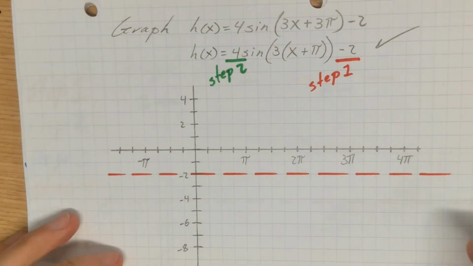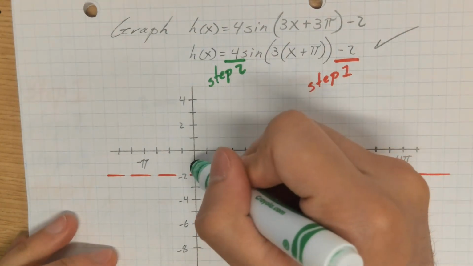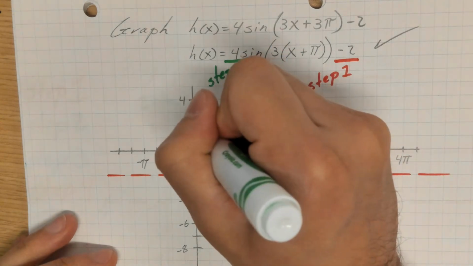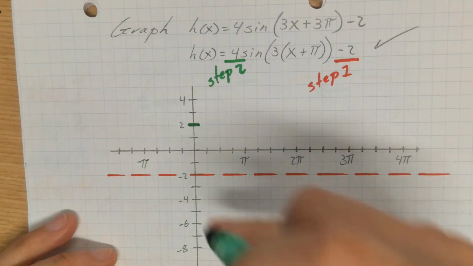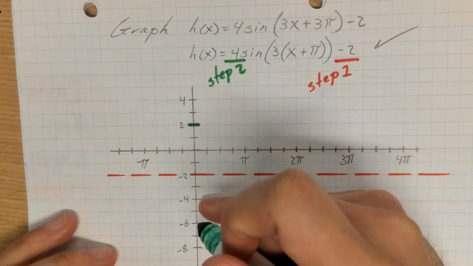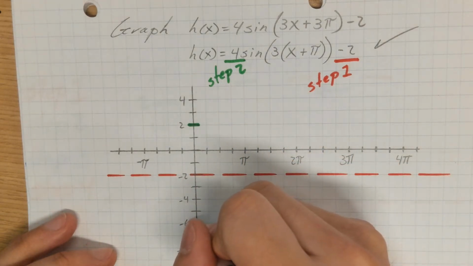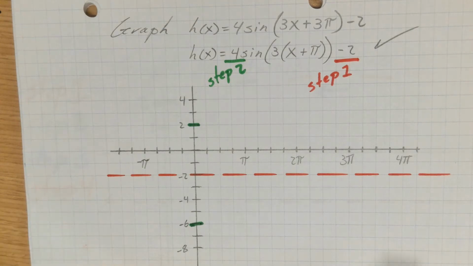Going up from the midline, 1, 2, 3, 4 units, that's going to be the highest point my graph is going to go. And from the midline down, 1, 2, 3, 4, at minus 6, that's going to be the lowest my graph will go. So that will be step 2.